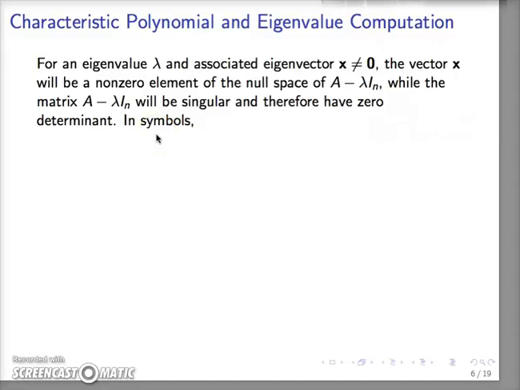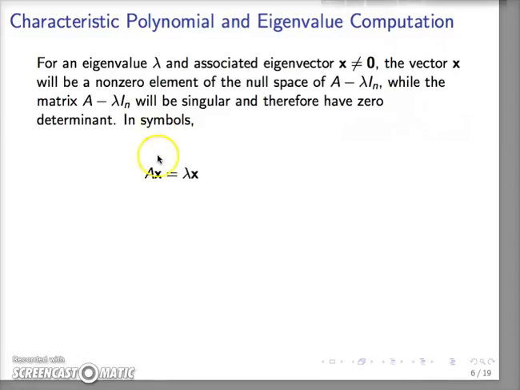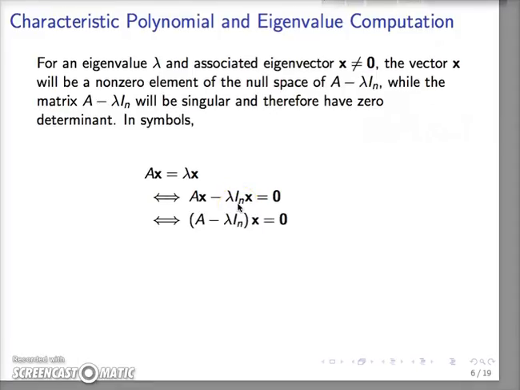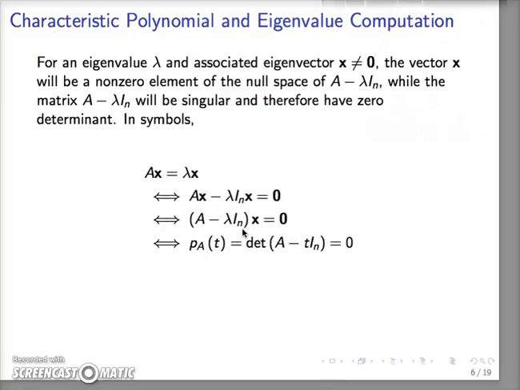We depart from the eigenvalue-eigenvector equation Ax equals lambda x, which is true if and only if Ax minus lambda I x equals 0. We can express this as a homogeneous system where the matrix of coefficients is A minus lambda I, multiplying the non-trivial vector x, equal to the 0 vector.